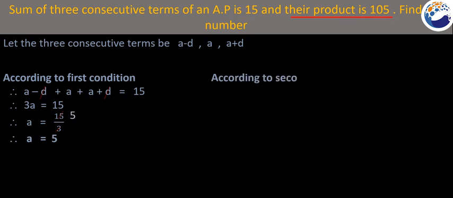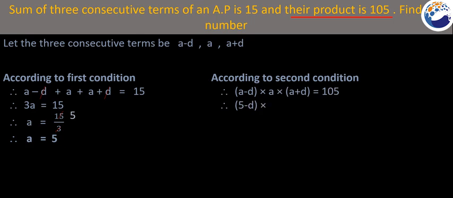According to the second condition, their product is 105. Therefore, (a minus d) into a into (a plus d) is equal to 105. Substituting a is equal to 5, we get (5 minus d) into 5 into (5 plus d) is equal to 105. (5 minus d)(5 plus d) is equal to 105 upon 5, which is equal to 21.